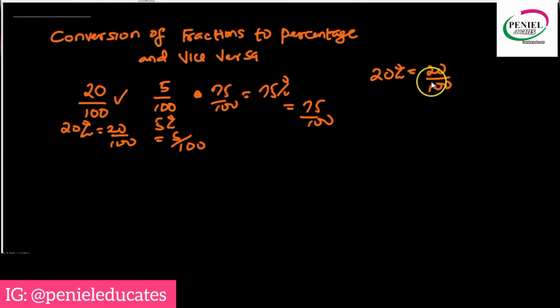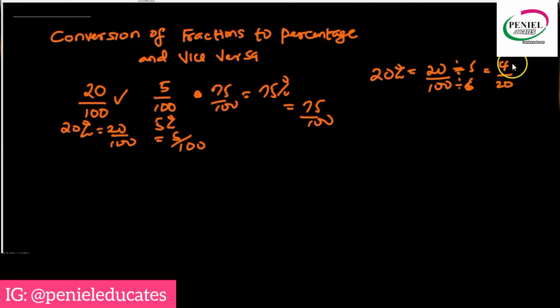So you can reduce it and put it in the simplest form. This can be divided by 2, or let's divide it by 5. So this one divided by 5, this one divided by 5. This one is going to give me 4 over 20.